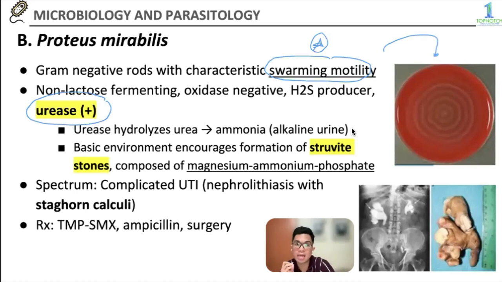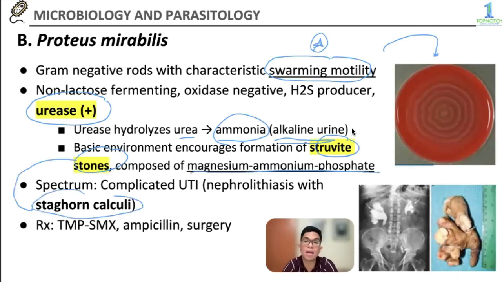Urease is an enzyme in the bacteria that hydrolyzes urea to become ammonia. And we know ammonia is basic, so it turns the urine alkaline. This alkaline environment favors formation of your struvite stones, which are composed of your triple phosphate or magnesium ammonium phosphate. Same lang yan, different terms lang. Struvite stones are very notorious for causing your staghorn calculi.